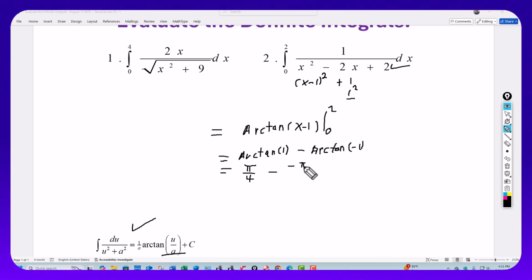That's negative pi over 4. Double negative there. So we get pi over 4 plus pi over 4 is 2 pi over 4, which reduces to pi over 2. And this one, if you want an approximation, you can use your calculator and write the answer to 2 places, 1.57. I'll just leave it in this form here.